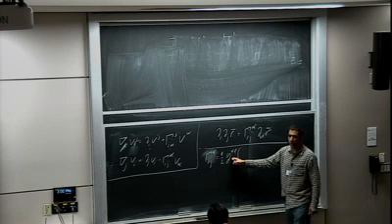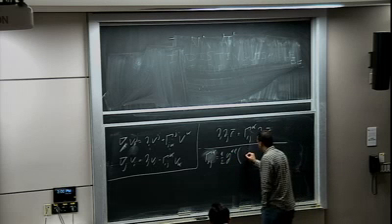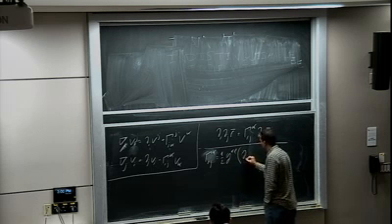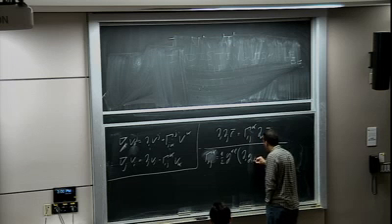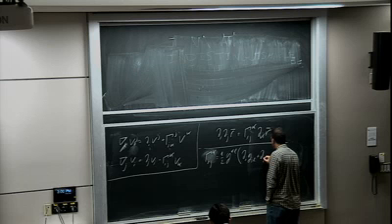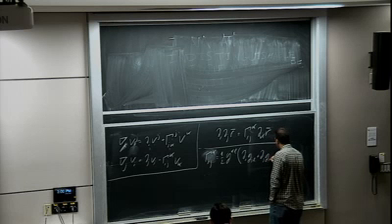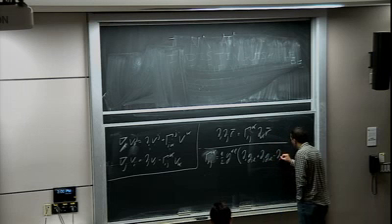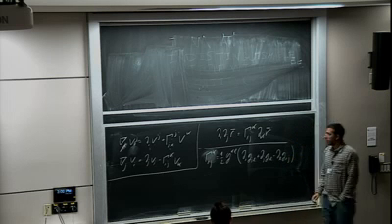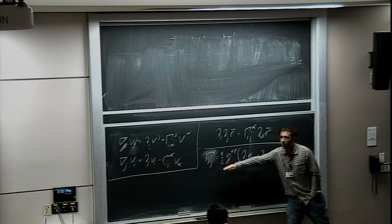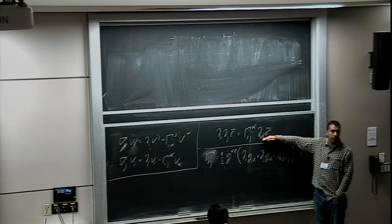This is the inverse metric. It's d_i g_jl plus d_j g_il minus d_l g_ij. And you get this directly from this definition.